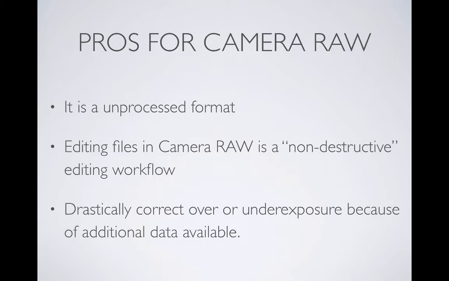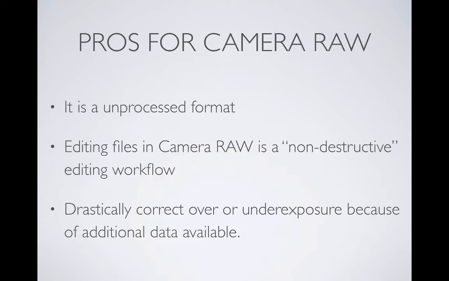All right, so a couple of positive things for Camera RAW that you will need to remember. The first one is that it's an unprocessed format. It's untouched. So what the camera captures is what you're going to get to work with, and it's going to be the highest quality image that you can possibly get directly from the camera.